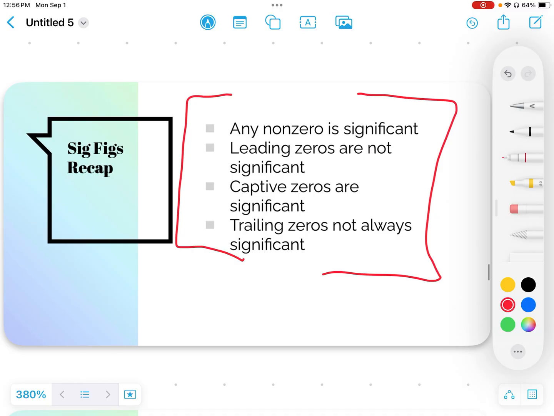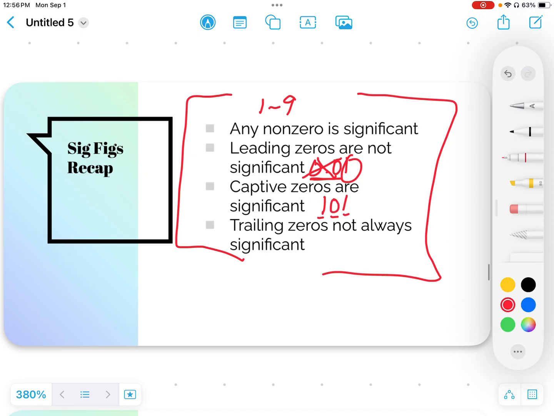So, important rules. Any non-zero is automatically significant. So numbers 1 through 9, automatically significant. Leading zeros are not significant. Again, leading zeros are your 0.01. These zeros in front are not significant. Only that one would be. Captive zeros are significant. So 101, all of these get to be significant because it's sandwiched between two numbers.